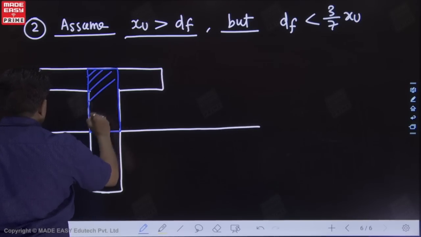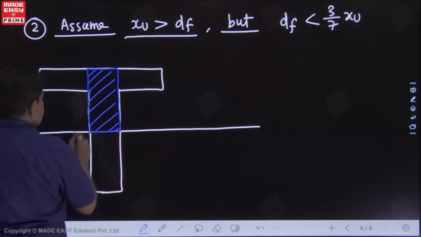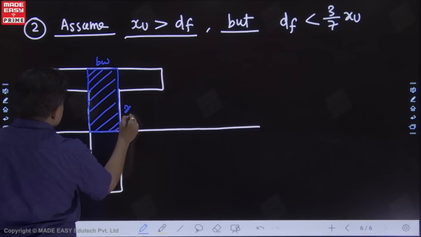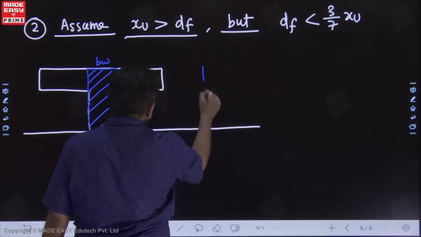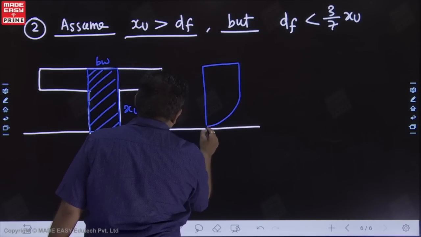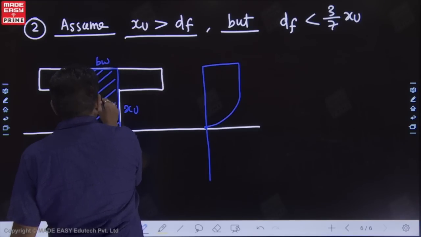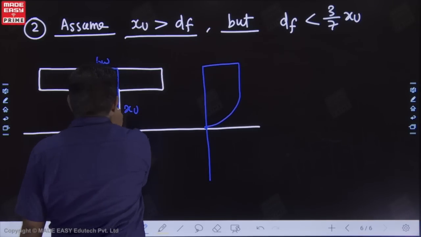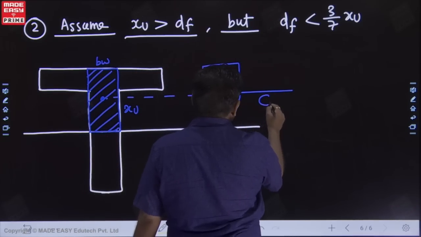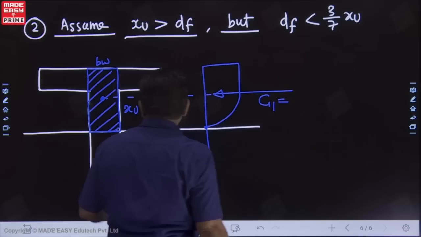This area is bw into Xu, and for this the stress diagram is partly rectangular and partly parabolic. So for this portion we get a first compressive force, this is called C1.